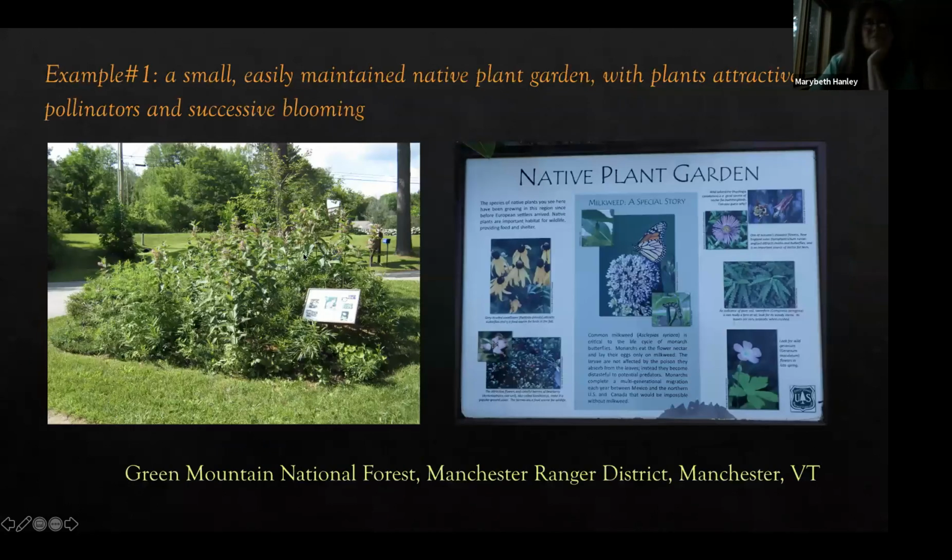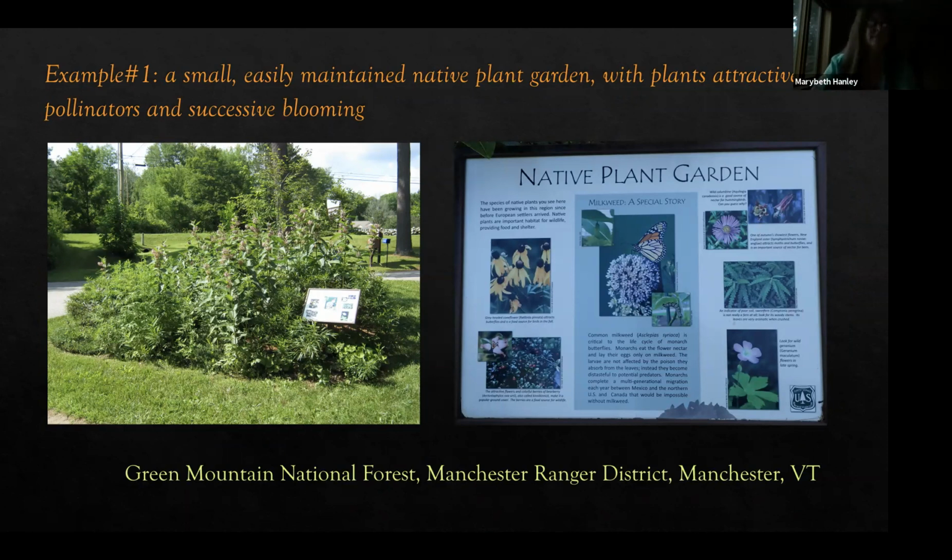And I'm going to show some examples of some native plant gardens. This is an example outside of our office here in Vermont, the Green Mountain National Forest. This is a very small, easily maintained native plant garden that was designed specifically to attract pollinators, and it has plants that bloom in succession.